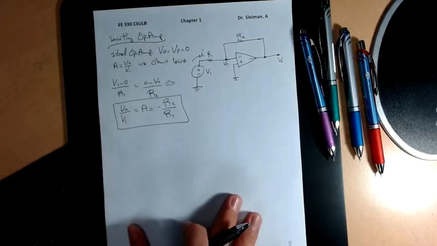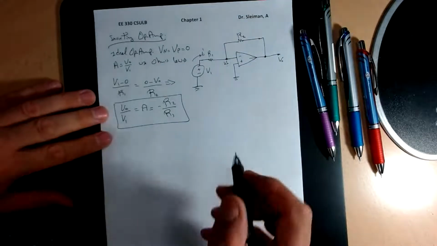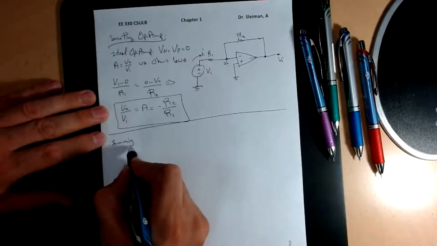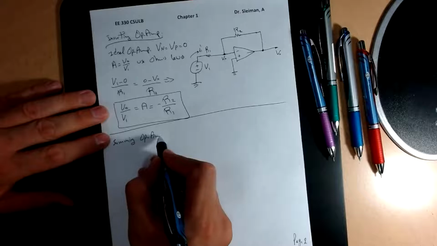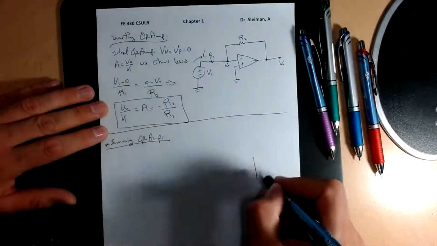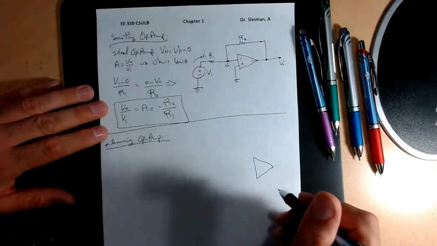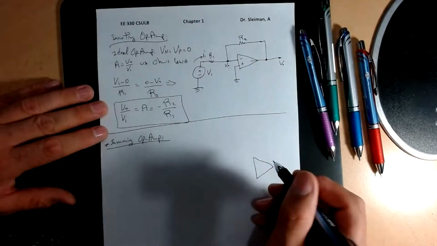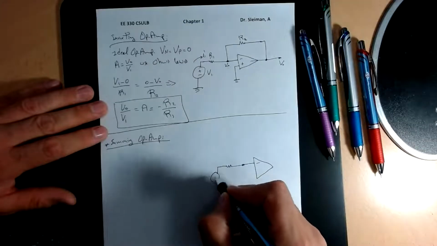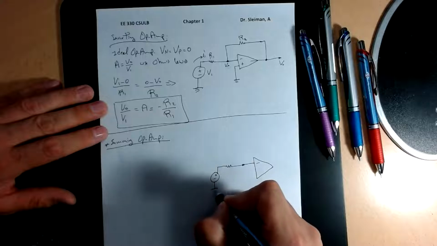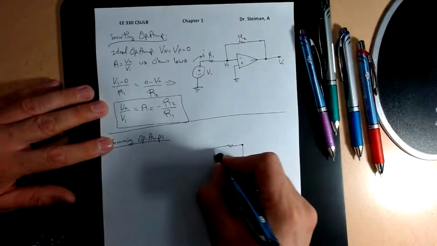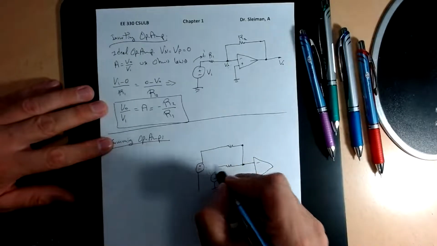There's another, third kind of amplifier, the summing amplifier. A summing amplifier is when you have an amplifier with two voltage sources at the same node. So we have a resistor here and a voltage source, and also we can add another.